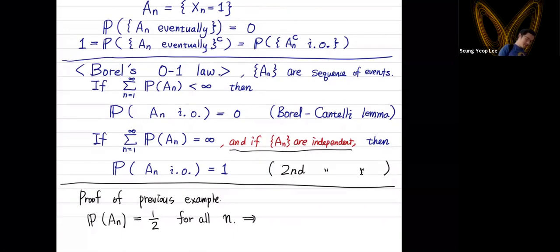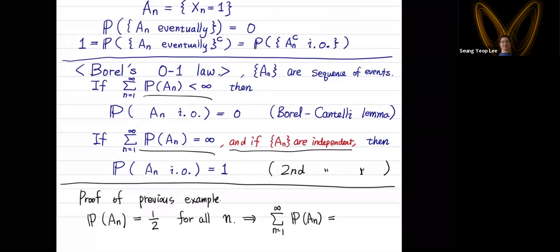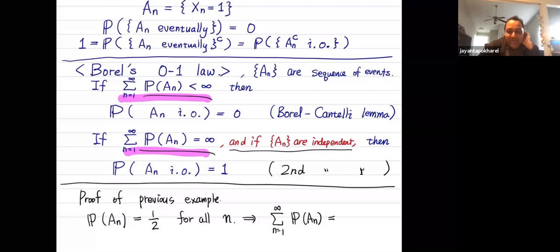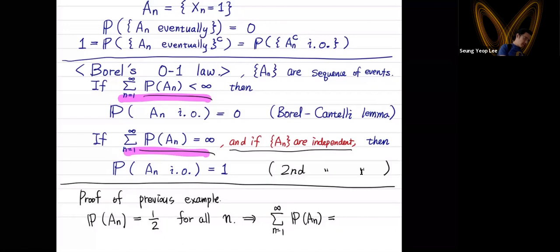So this is equal to what? Is it this case or this case? I think this is the first case because it's a finite number of throws.